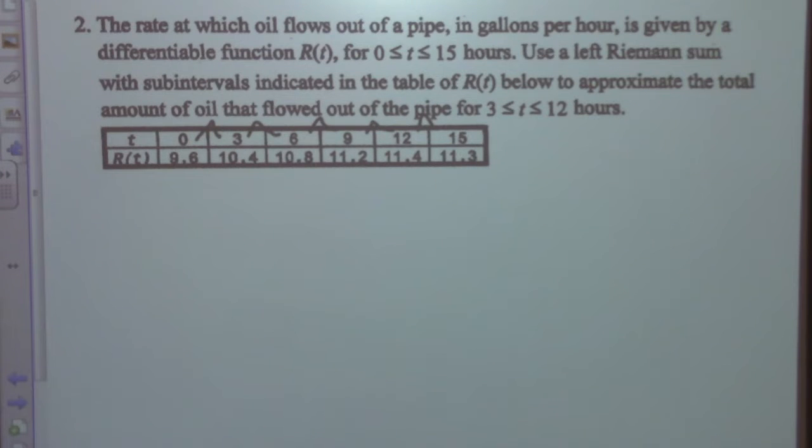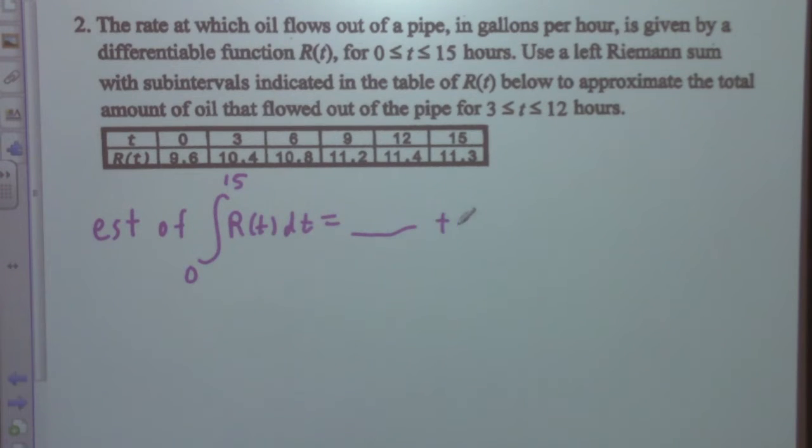And so yesterday, how did I tell you to start setting this up? To do the estimate of the integral sign of what? R(t), 0 to 15, and then it's R of t, dt, equals, and then how many intervals did we say? 5, right?